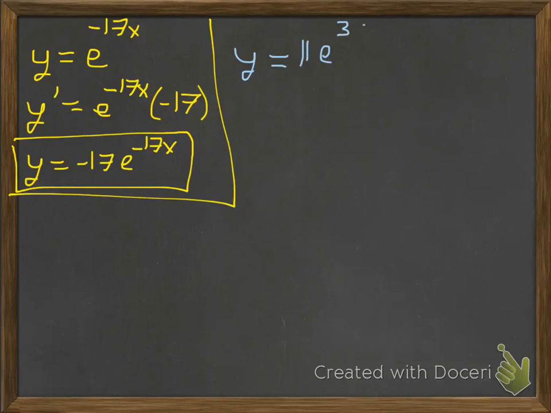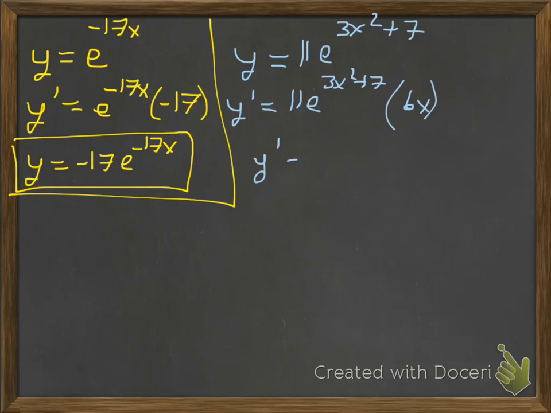Y equals 11 e to the 3x squared plus 7. So the derivative, it'll be 11 e to the 3x squared plus 7 times the derivative of the exponent, which is just 6x. So y prime is 66x e to the 3x squared plus 7.